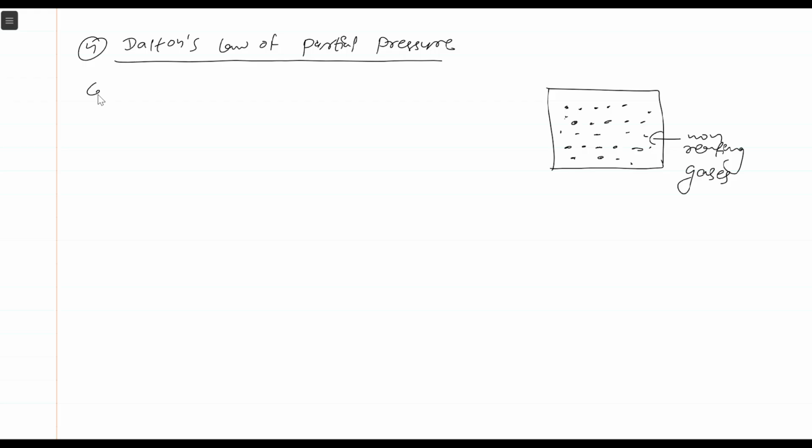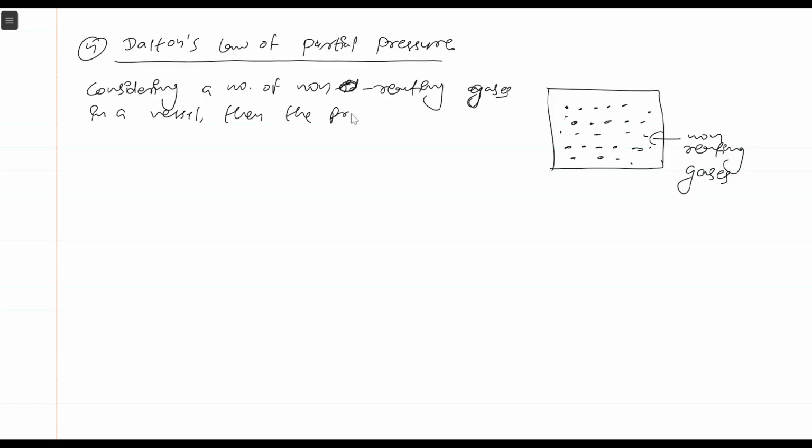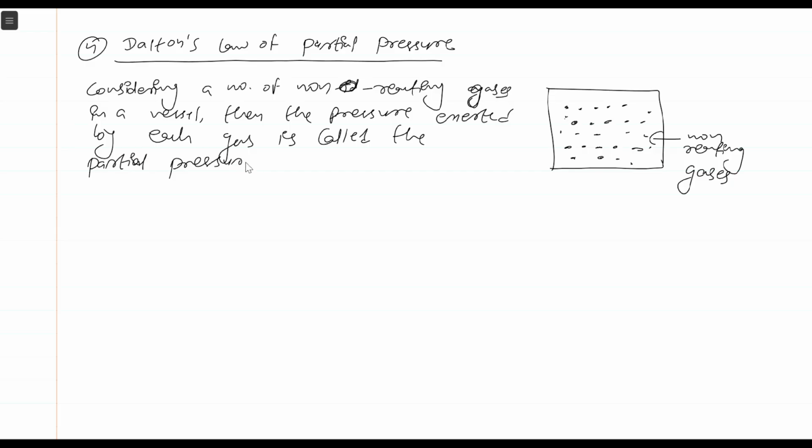So we are considering a number of non-interacting or non-reacting gases in a vessel, then the pressure exerted by each gas is called the partial pressure of that gas.